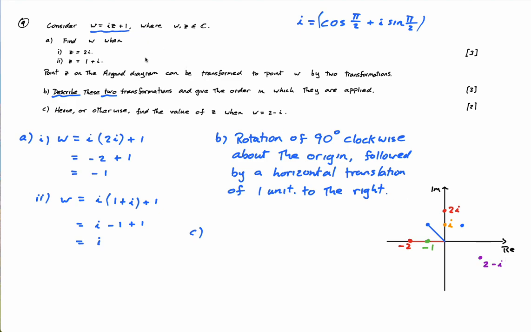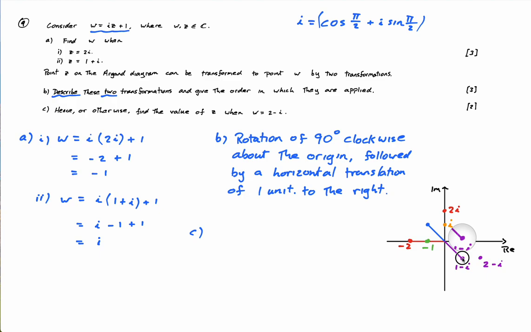So remember, to get from z to w, we rotate it 90 degrees and add 1. So that means to get from w back to z, we need to subtract 1, or move it left 1, which would bring it here. This would be 1 minus i, and then rotate it, because to go from z to w you rotate it 90 degrees clockwise.